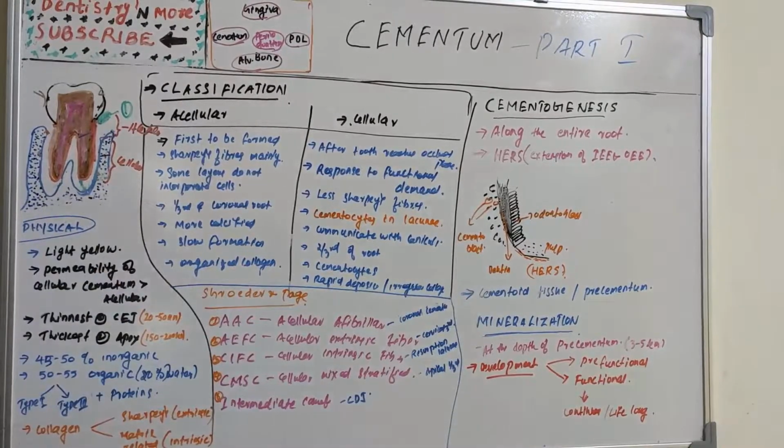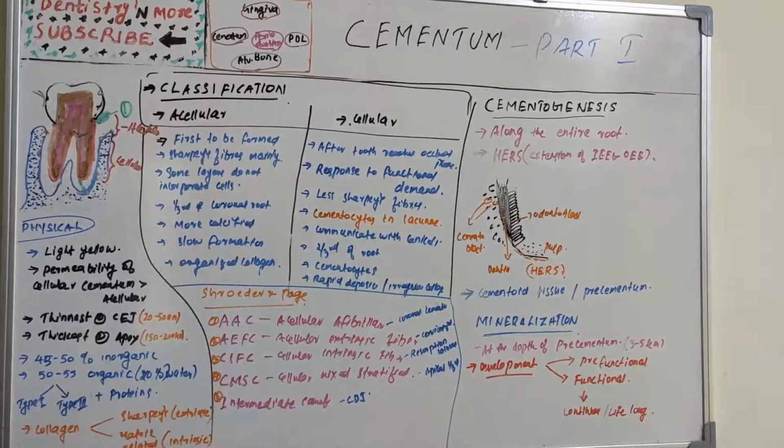So along the root side, it forms a sheath, which is derived from extension of inner and outer enamel epithelium. And this possibly sends an inductive message to the ectomesenchymal cells of the pulp.